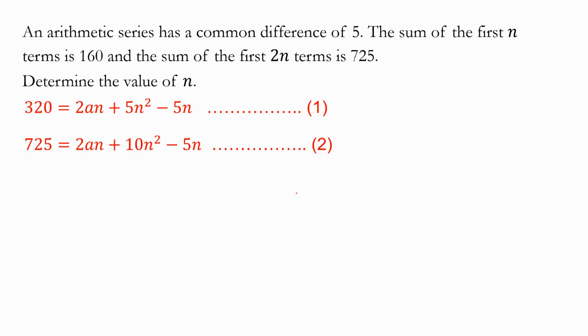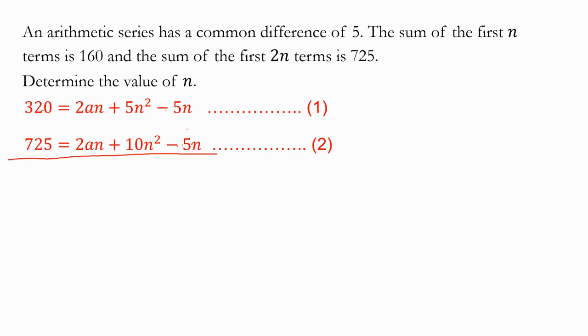You can also use equating. So the best method here will be elimination. You see that? Because 2an and 2an can be eliminated here. Negative 5n and negative 5n there can be eliminated too. So let's subtract these two equations. Equation 1 minus equation 2.